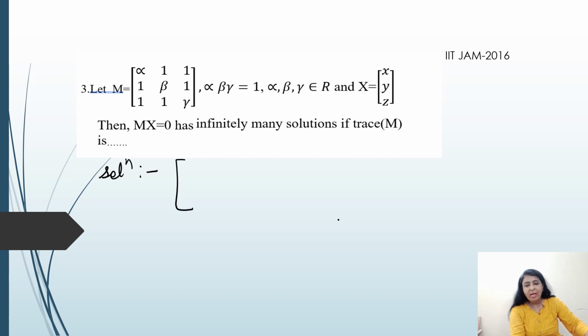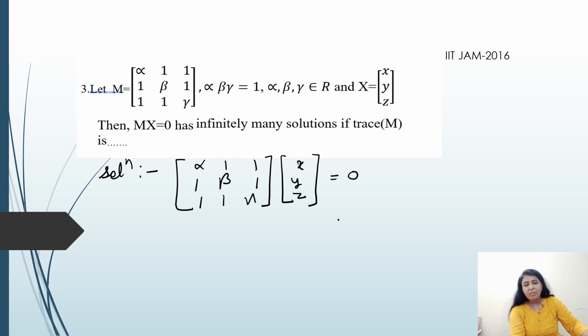M is [[α, 1, 1], [1, β, 1], [1, 1, γ]], and vector X is (x, y, z). MX is equal to 0.